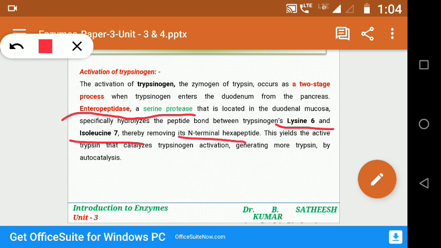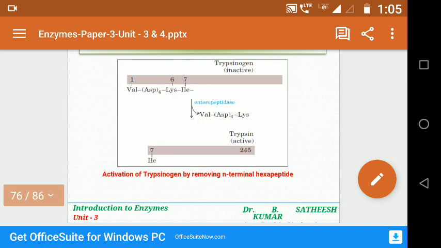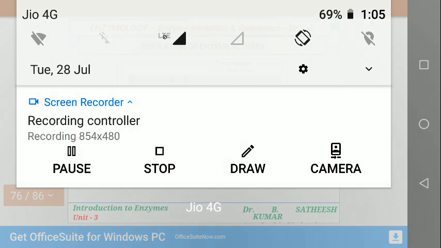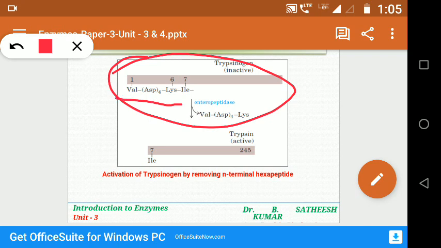So once the hexapeptide is lost from the trypsinogen, the trypsinogen becomes active trypsin. Here we can observe that this is the trypsinogen. In the trypsinogen, we have amino acids 1 to 6. The sixth amino acid is lysine and the seventh amino acid is isoleucine.